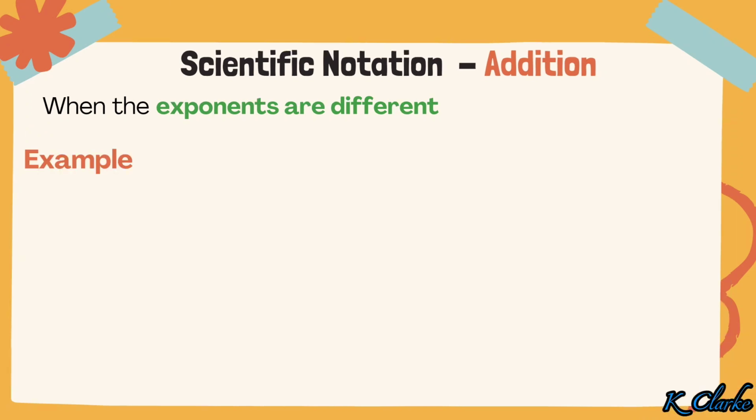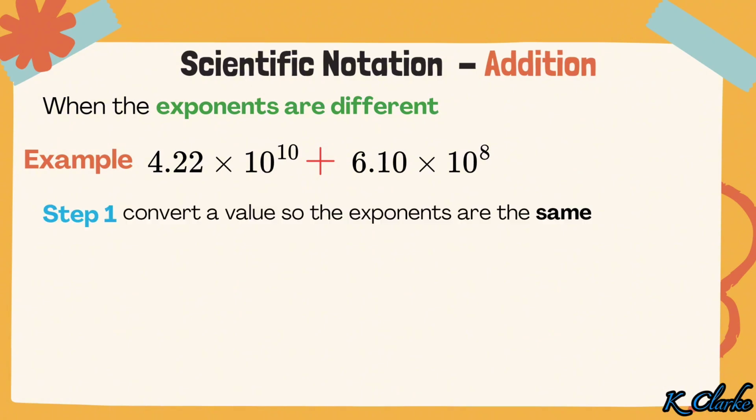For example, 4.22 times 10 to the power of 10 plus 6.10 times 10 to the power of 8. First, we are going to convert the value with the smaller exponent to the bigger one.